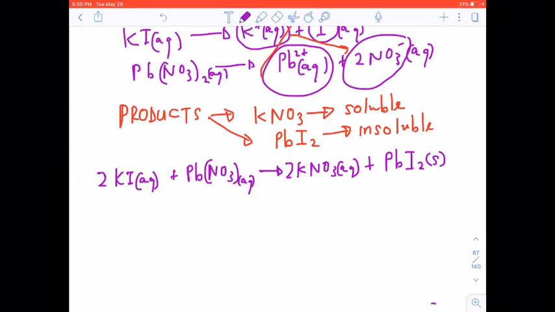So we've got 2K on the right hand side, 2K on the left, 2 iodines on the left and 2 iodines on the right, and then we've got 2 nitrates on the right and 2 nitrates on the left. So that is our molecular equation, right? That's our molecular equation.